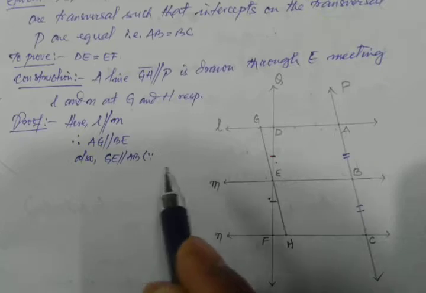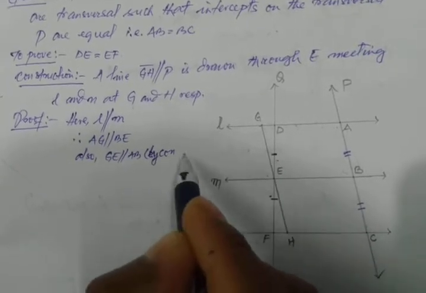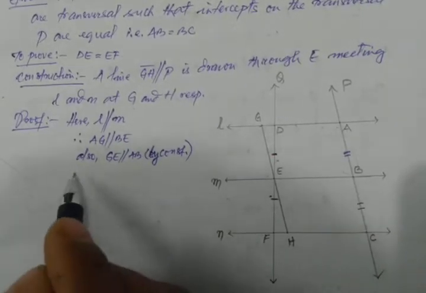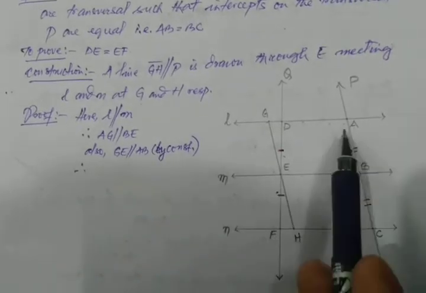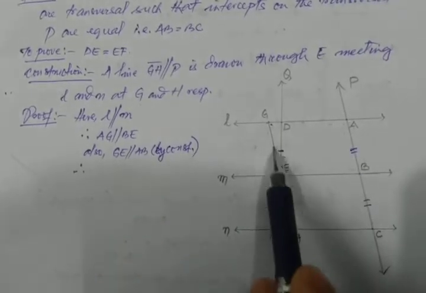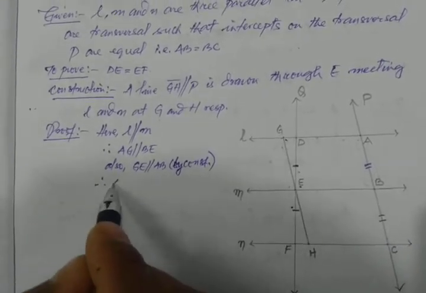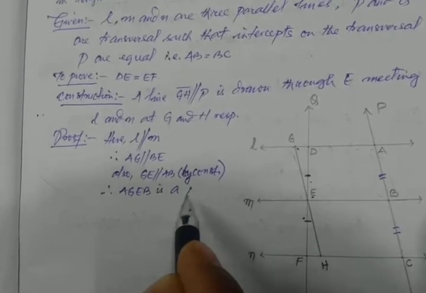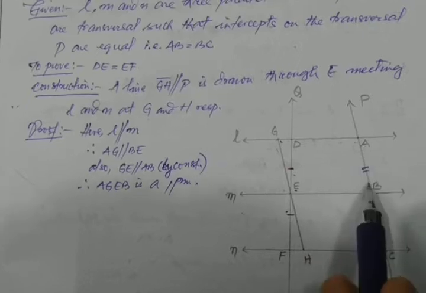The reason is by construction GH parallel to P. So from these two we can say that if AG parallel to BE and GE parallel to AB, AGEB is a parallelogram. AGEB is a parallelogram. So in a parallelogram, opposite sides are equal as well.